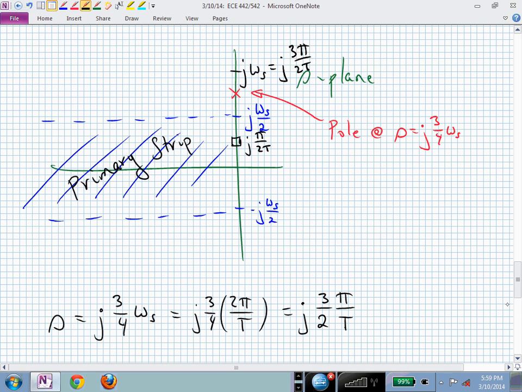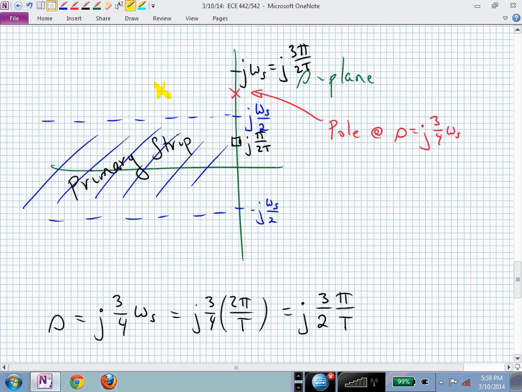And if we now started with something over here, then that's going to have the same real part, but it's going to appear within the primary strip if it's in a secondary strip. Anytime we have something in a secondary strip, it's going to get folded through this folding frequency, or through omega sub s over 2, into the primary strip.